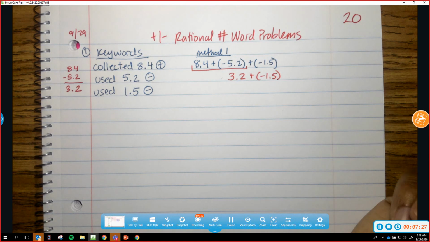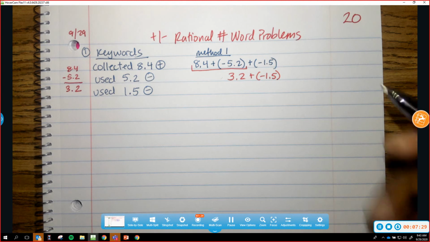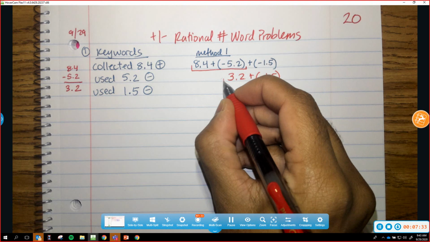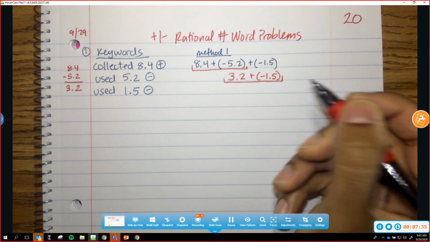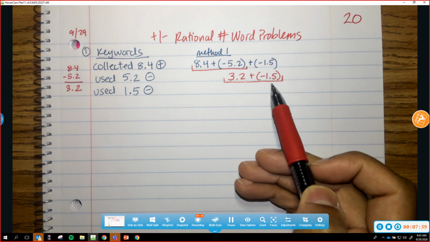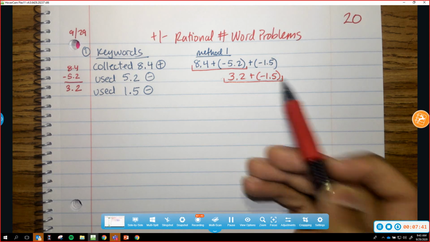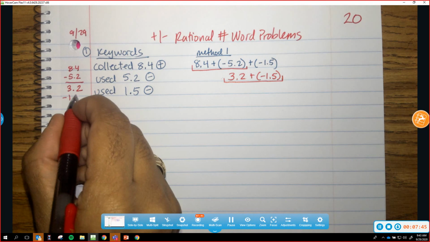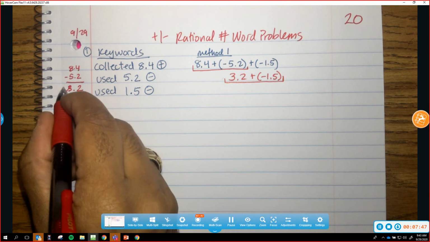Alright, then we need to go ahead and solve it. So we need to do the last part: 3 2/10 plus negative 1 5/10. Again, we're going to add those up, and just like Talene mentioned, I can't add like normal. They're different signs, so I have to subtract the two numbers. That's subtracting 1 5/10.